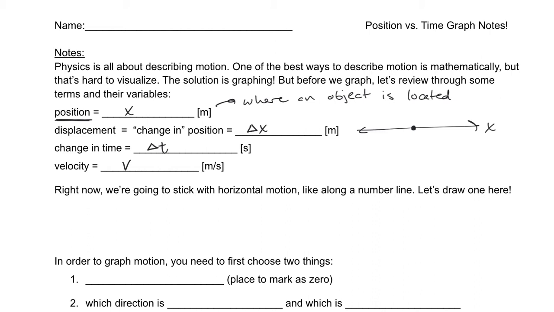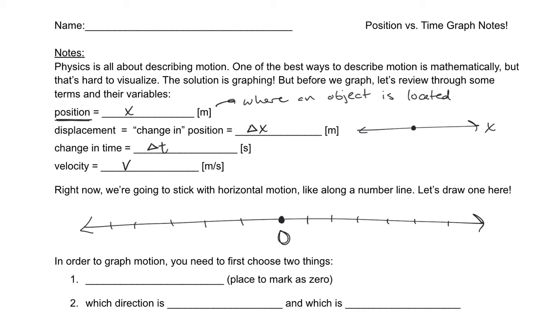So we're going to look at motion along a number line, because everything we're doing is horizontal, one-dimensional. Now, a number line has to have numbers, and we really don't care what the numbers are. But the important one is having a 0 point. When we're looking at motion, there are some things we have to arbitrarily choose.